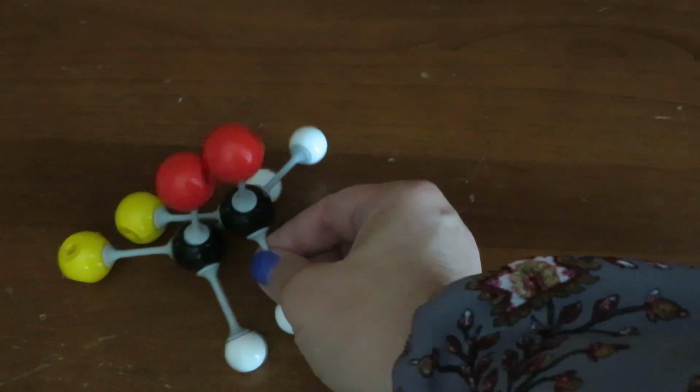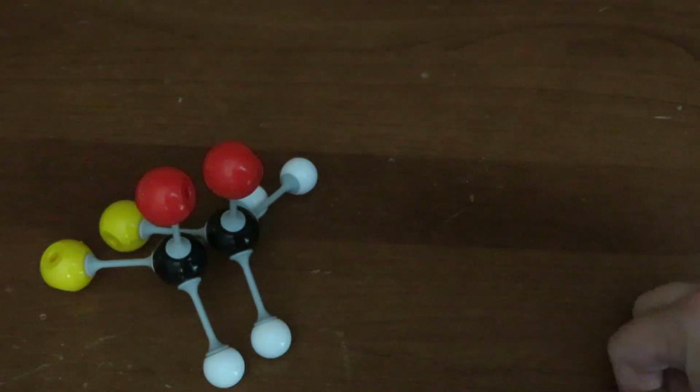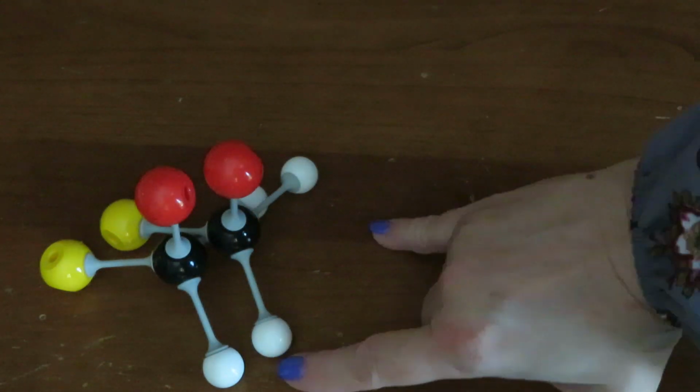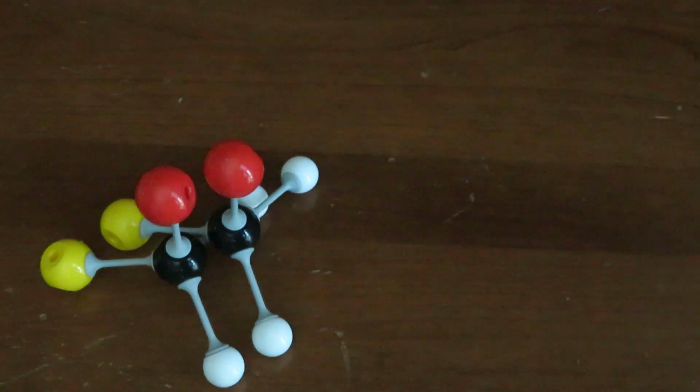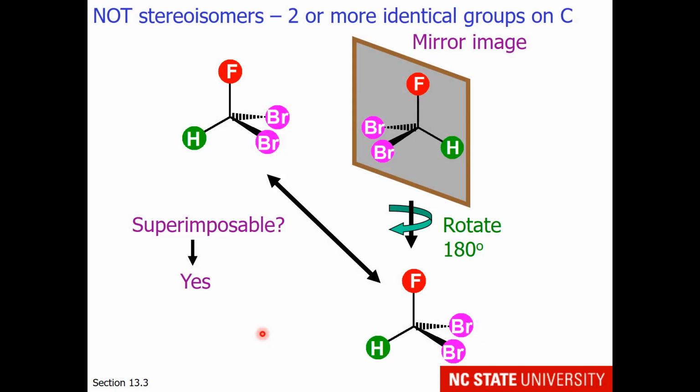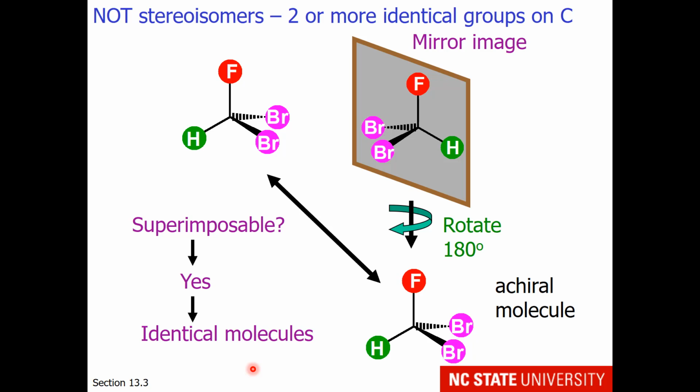I now have yellow in the same spot, red in the same spot, and my white atoms in the same spot. And as you can see, these are superimposable mirror images. So we don't call them chiral, they're identical molecules. So we would call this an achiral molecule.